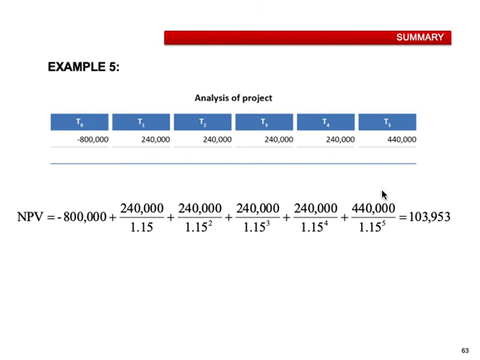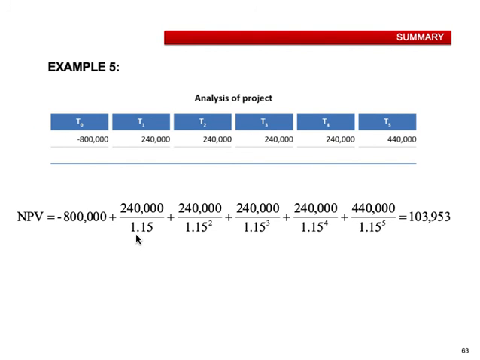However, remember that we also have the salvage value coming in cash flow of 200,000. So 240,000 of cash flow coming in, plus the 200,000 from the salvage value makes 440,000.